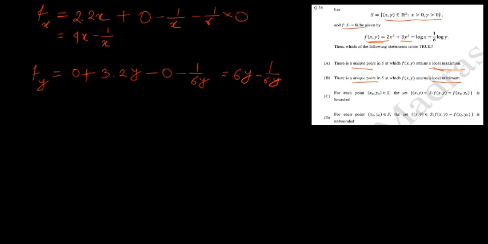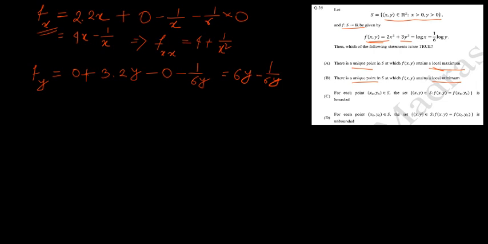Now I will differentiate fx again with respect to x. So fxx equals 4, since the derivative of x is 1, and minus the derivative of 1 by x, which is minus 1 by x², so minus into minus gives plus 1 by x².